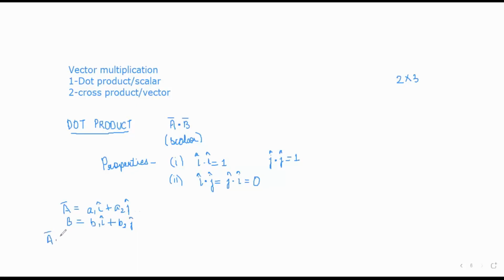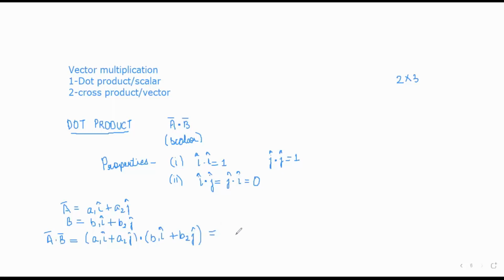And what we want is A dot B. So first, writing it in simple terms, this dot b1 i plus b2 j. All these are caps denoting the basis vectors, that is, the unit vectors.